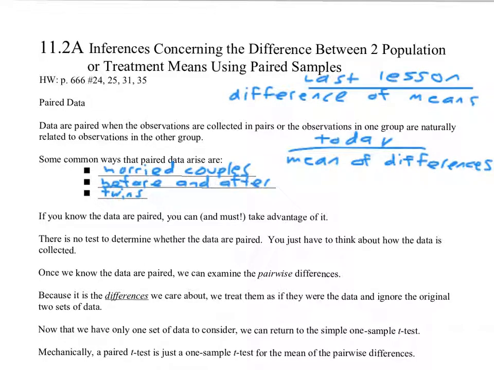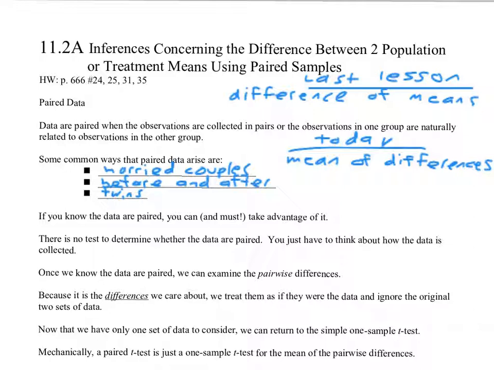Okay. Now, are these the only ways to get paired data? No. There's a problem in the book where they do some kind of measurement on the left arm and they compare it to the right arm for the same people. That's paired data.